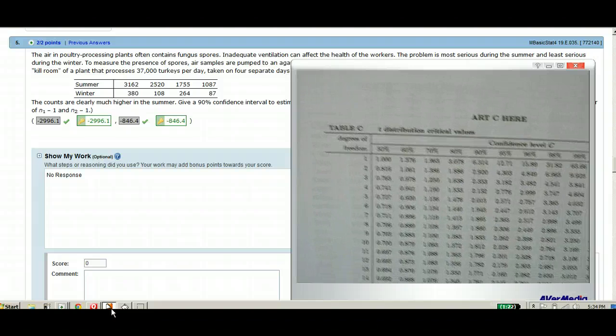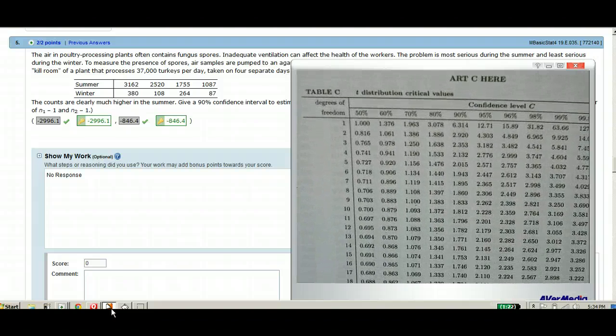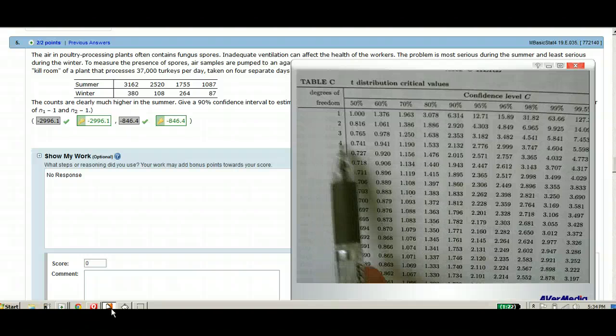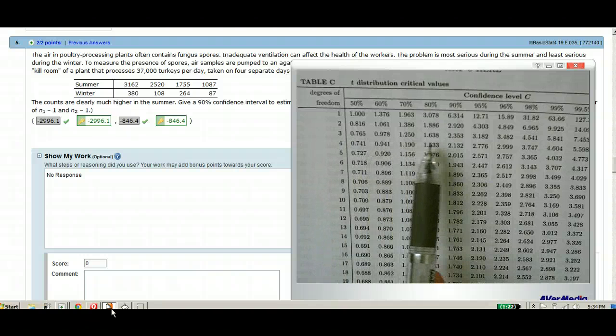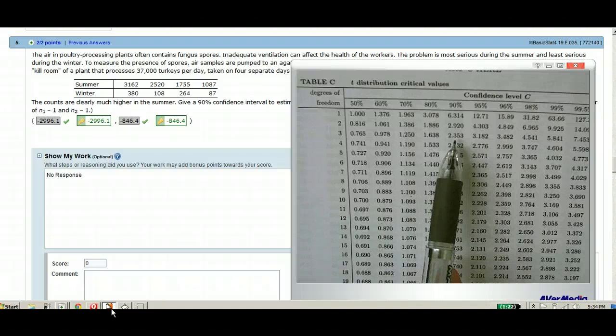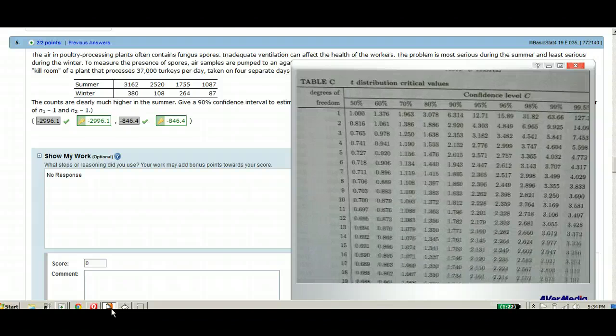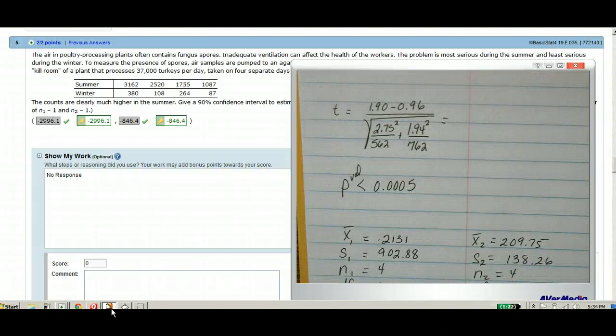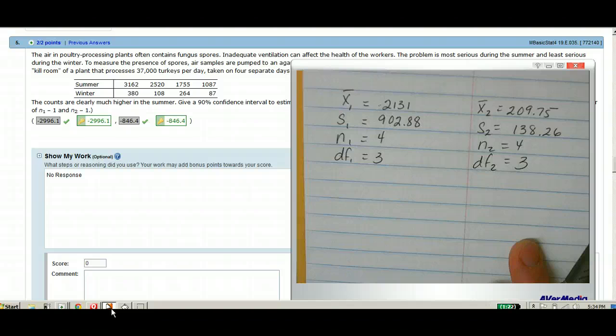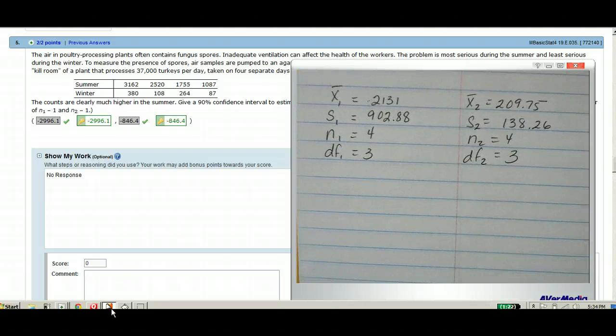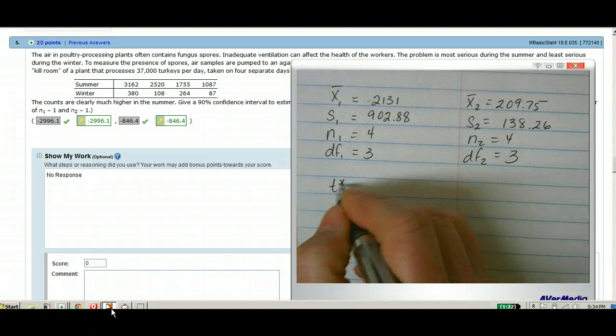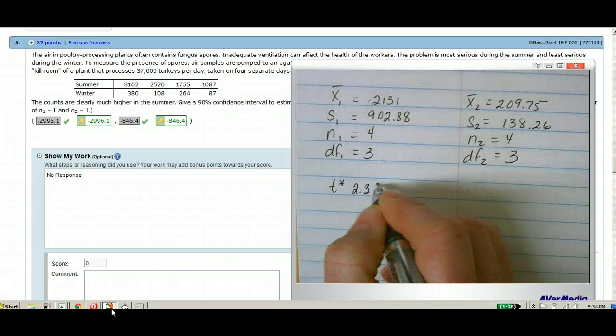I'm back in table C. The degrees of freedom are in the left column, so I'm going to go to row 3, and it's a 90% confidence interval, so I'm going to come over here, and I'll be using a critical T of 2.353. Okay, there's the information I've written down here. So T asterisk is 2.353.